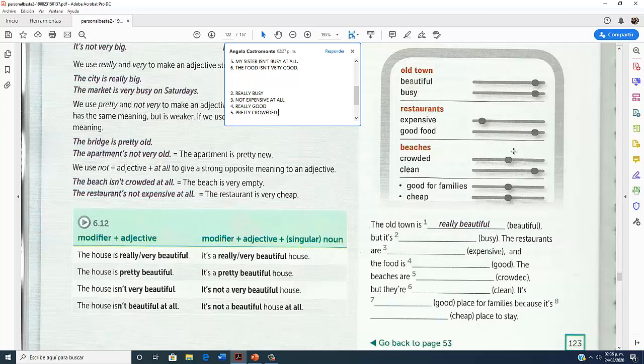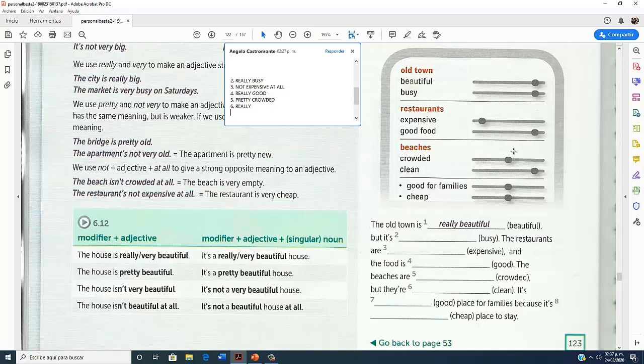The beaches are pretty crowded, but they are really clean. It's good for families. It's a very, number 7.